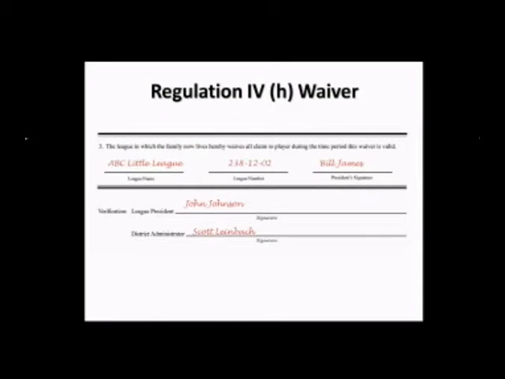To complete the Regulation 4H form, a release from the league in which the player currently resides is necessary. This release needs to be verified by having the league president of the league in which the player currently resides sign the Regulation 4H waiver form on the bottom portion of the form. Once this release has been completed, you will need to have the form signed by your league president as well as your district administrator.